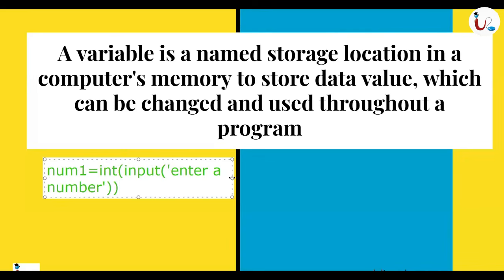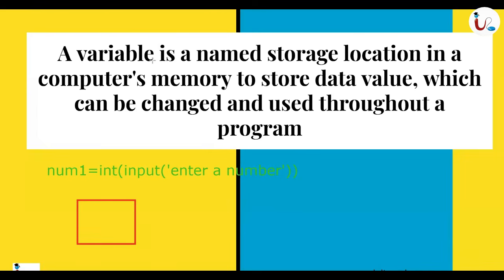Whenever I'm writing a line like this, the computer will immediately create a small memory space inside the computer memory storage, allocate a memory space, and its name will be num1. Suppose the user types the answer 5 as an input. So the value 5 will be stored inside the variable num1.